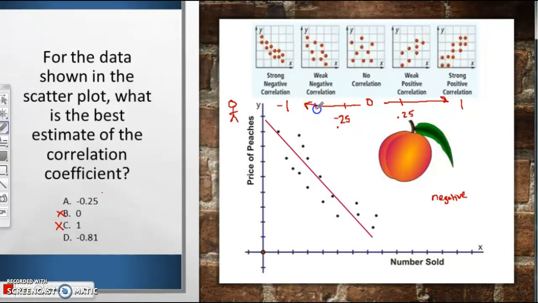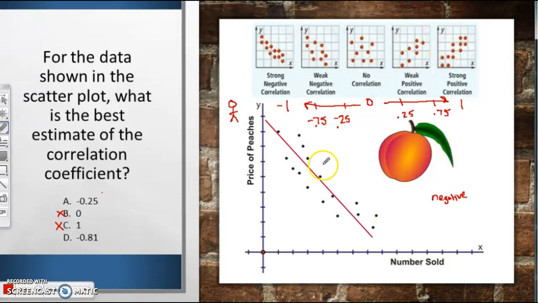Over here, you might have negative 0.75 and positive 0.75. As you get further away from 0 and closer to 1 and negative 1, it is a stronger relationship. 0 is like no correlation, and 1 and negative 1 are a perfect correlation. They would be a perfect straight line. They're not even pictured on here.